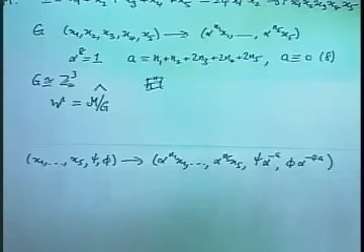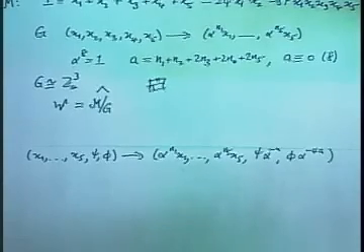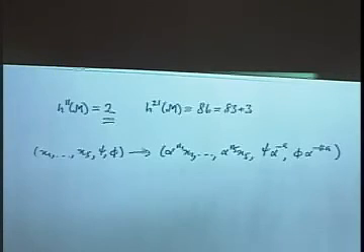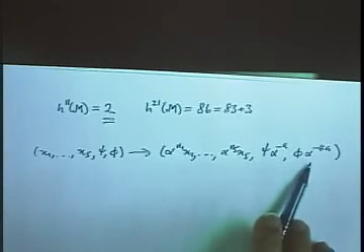But this tells you that, if you regard this as a change of coordinates, under this change of coordinates psi and phi are not invariant, and they change by, well, you see that psi changes by 8th roots of unity, and phi changes by square roots of unity.